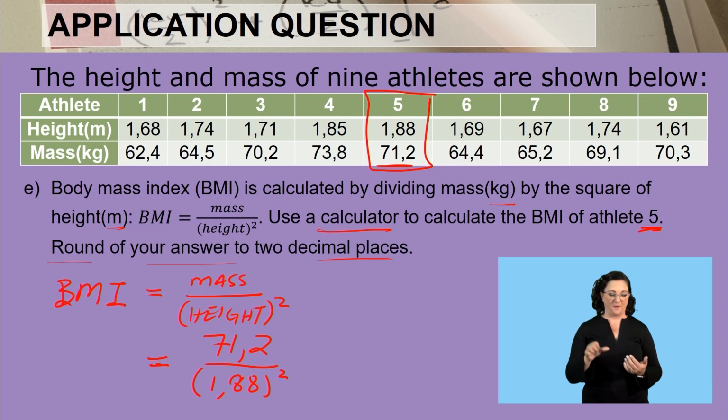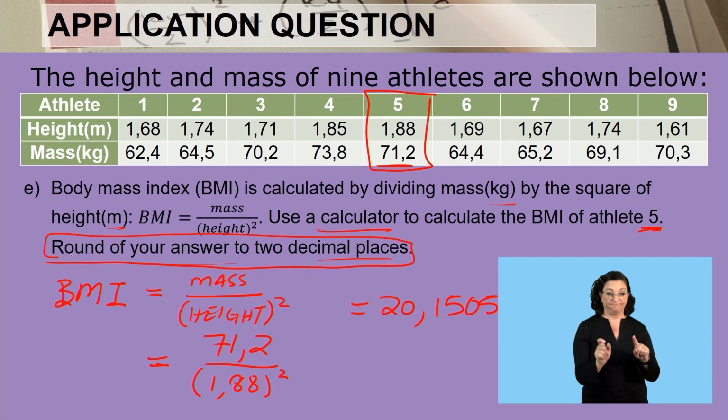Yes. Let's come back now. And what do you get? The answer should be 20.15056, and it continues. But remember, they said we should round our answer to 2 decimal places, so we check the third decimal place.